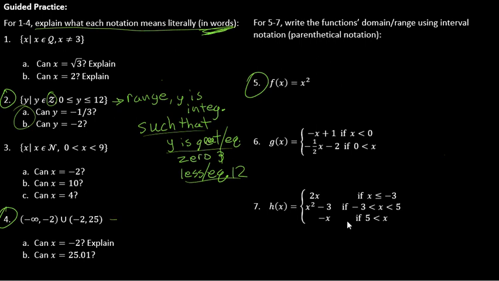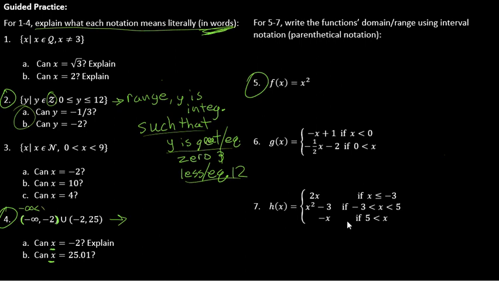Number 2, what am I saying here literally in words? Since we aren't given a variable, we'll go ahead and use x. Sometimes it helps to rewrite the parenthetical notation as an inequality. Negative infinity has a curved bracket, so that means we're being exclusive, so we use a less than symbol.